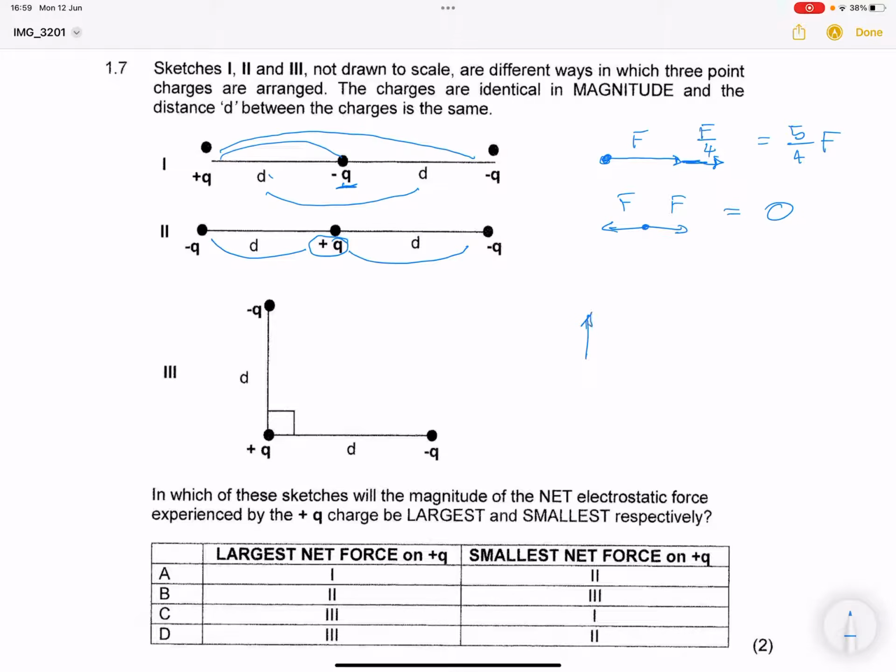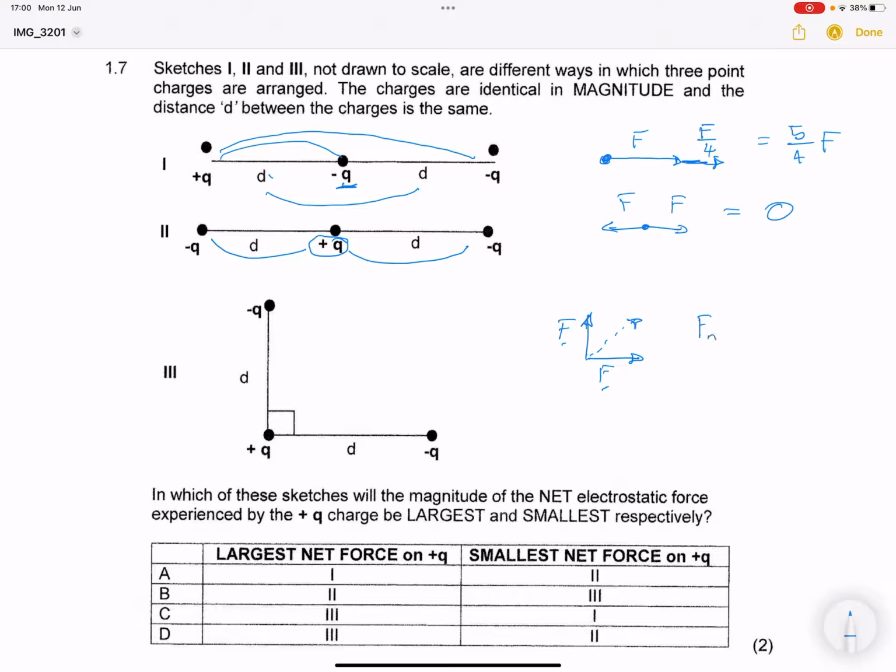Right, and let's talk about arrangement 3. It will experience a force F in that direction, right? So what happens? It means that the net force will actually be in that direction there. And remember, to get that force, you take the square of the hypotenuse equal to the sum of the squares of the other 2 sides.